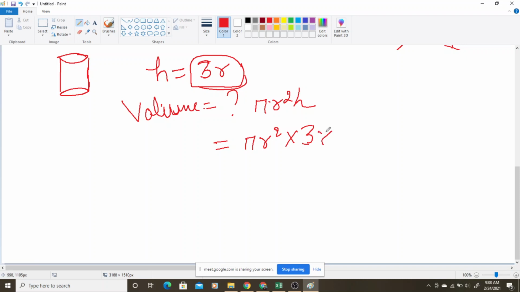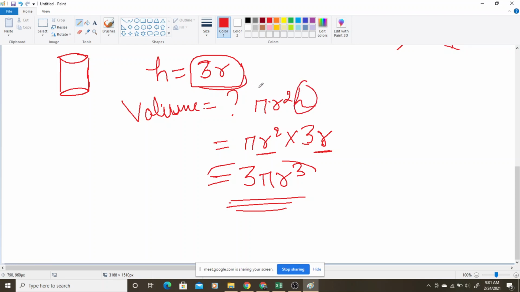Now r square multiply by r, how much will it be? r cube. So 3 pi r cube. This is the volume of the cylinder we were looking for, 3 pi r cube. It's not that tough, you just need to put in place whatever is given. Height is 3r.